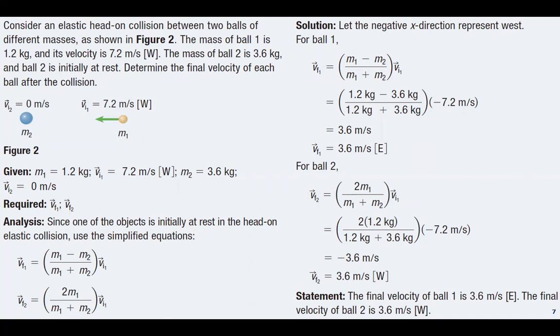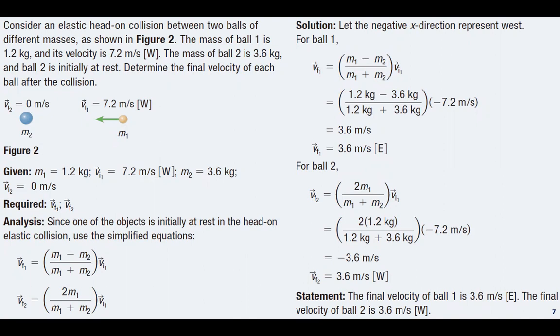Since one of the objects is initially at rest in the head-on elastic collision, we can use the simplified equations. The final velocity for object 1, Vf1, equals (m1 minus m2) over (m1 plus m2) times Vi1. And the final velocity of object 2, Vf2, equals 2m1 over (m1 plus m2) times Vi1.